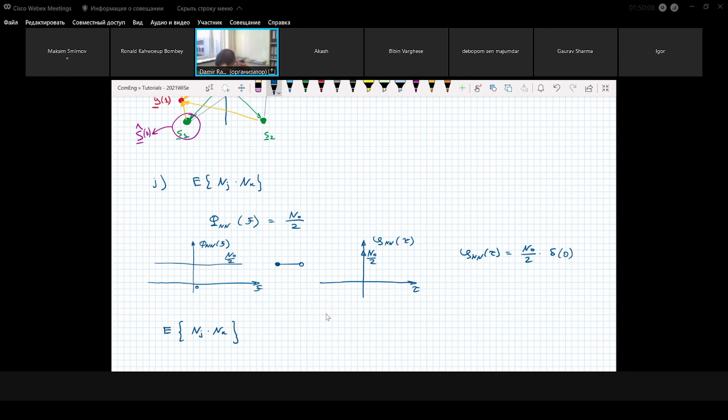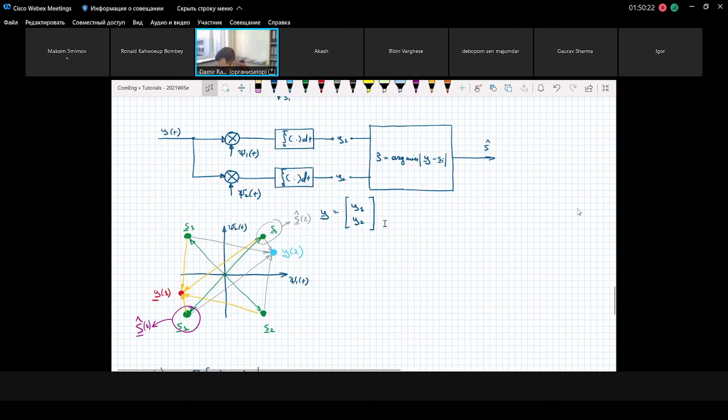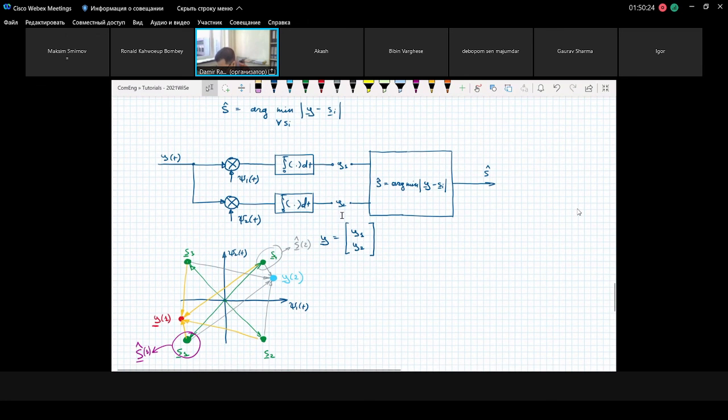We can calculate the expected value if we substitute the definition of noise in the branch. We already have the definition of signal in each branch, which is simply the integral of the input signal times the basis function. For noise, we have the same: we take the noise, multiply by the basis function, and integrate over a single interval.